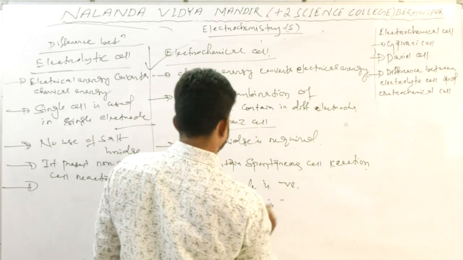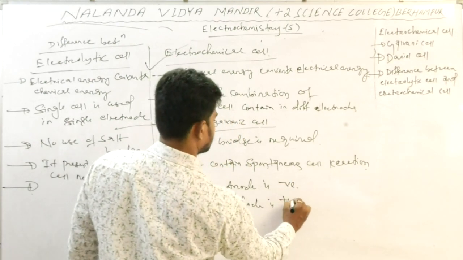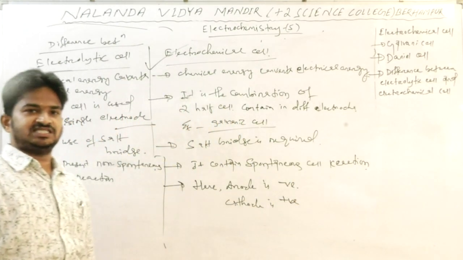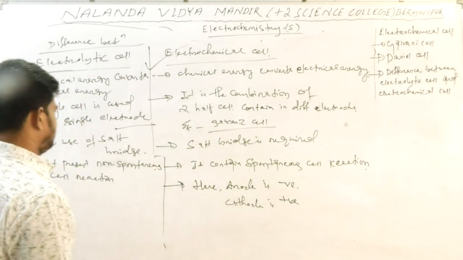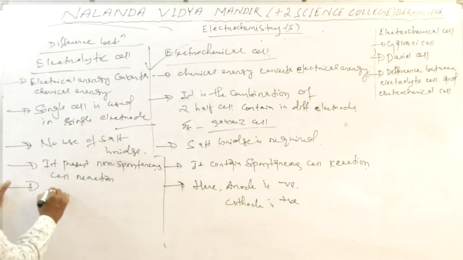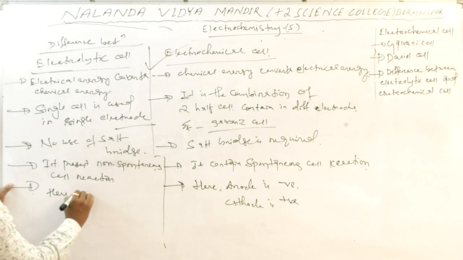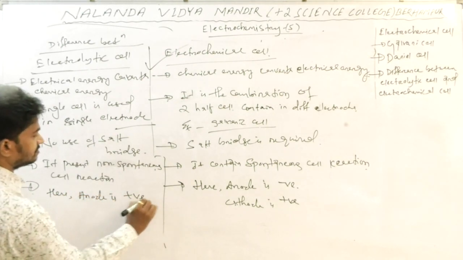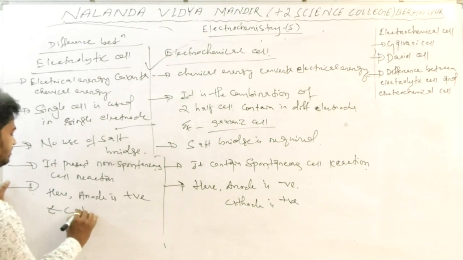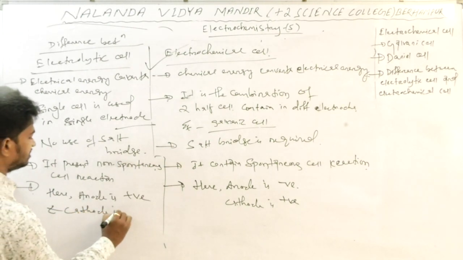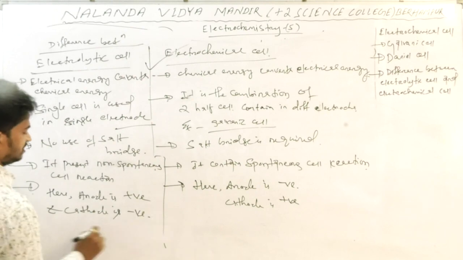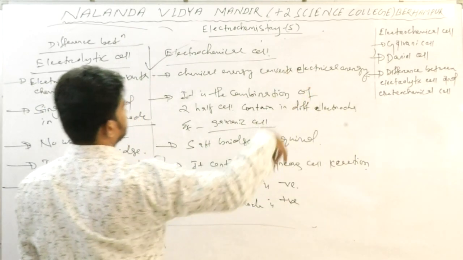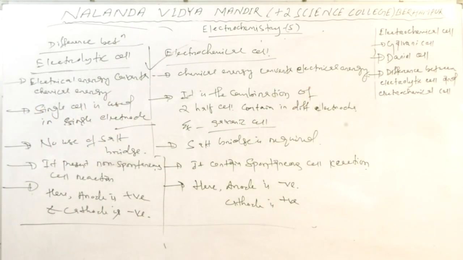But in the case of the electrolytic cell, the anode is positive and the cathode is negative. So these are all the differences between the electrolytic cell and the electrochemical cell.